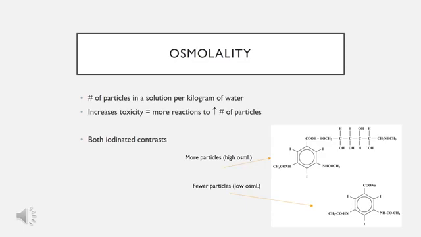If the contrast has fewer particles, it has a lower osmolality. So this bottom picture here, we have the same number of iodine atoms, but the whole molecular composition has fewer particles, fewer atoms, and therefore has a lower osmolality.